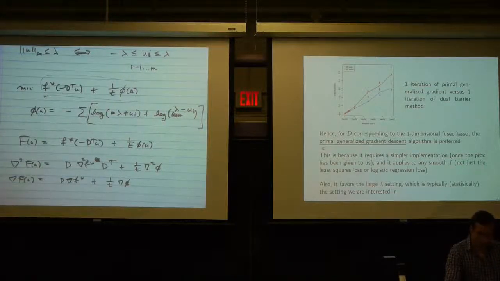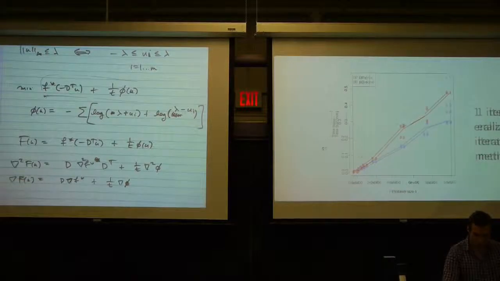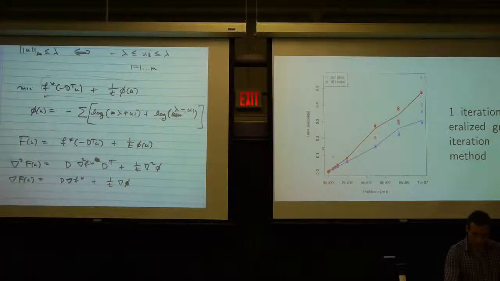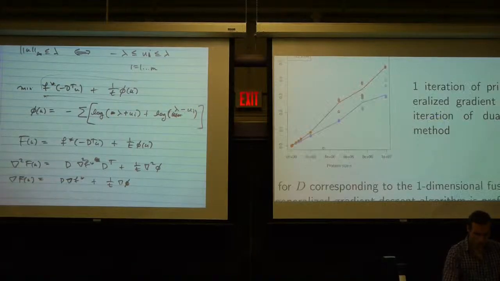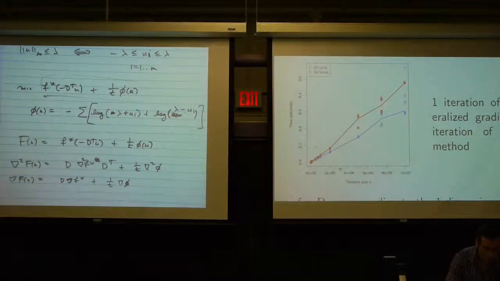So here's a comparison I did between running one iteration of the dynamic programming proximal operator, so one prox evaluation, versus one solve of a banded linear system.